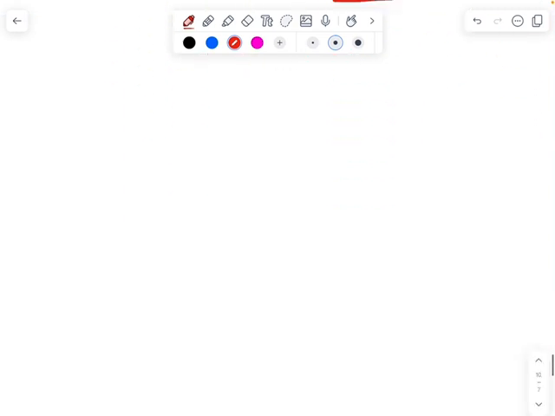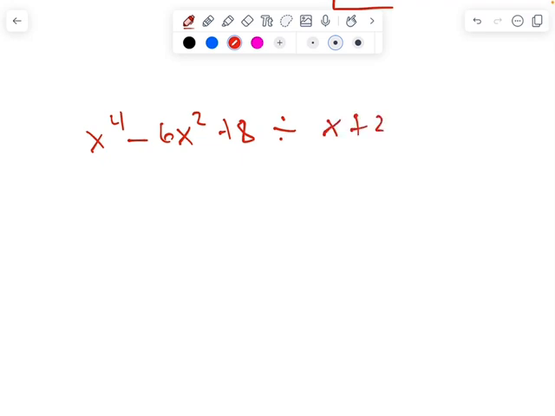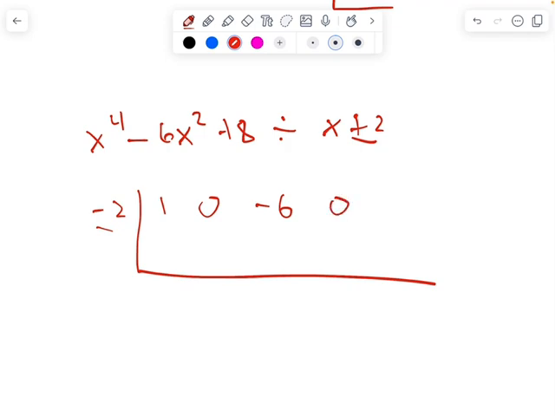Okay, last one. We've got x to the fourth minus 6x squared plus 8. Dividing this by x plus 2. Pause the video and give it a go. Okay, so we flip that positive 2 to a negative 2. We got 1, 0, negative 6, 0, 8. So this is x to the fourth, 0x cubed, negative 6x squared, 0x, and 8.